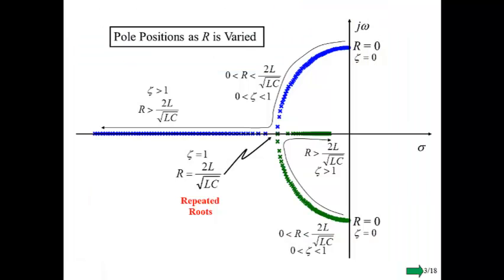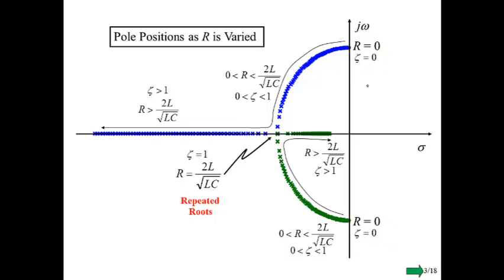Now it's interesting to watch the path that these roots take as we increase R from 0 up to some larger value. If we started with R equal to 0, zeta equal to 0, we would start with 1 pole over here and 1 pole over here, right on the j omega axis. Note that this is dangerously close to being unstable, and in fact such a circuit is called marginally stable.